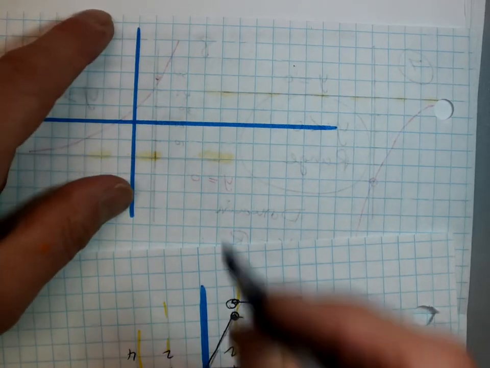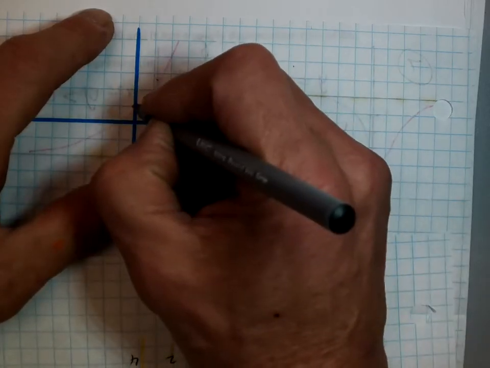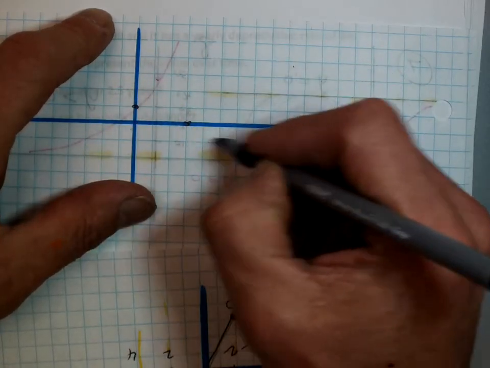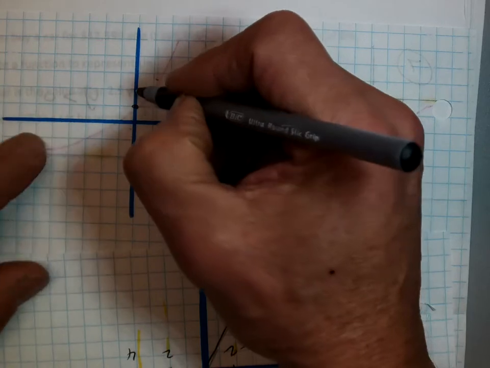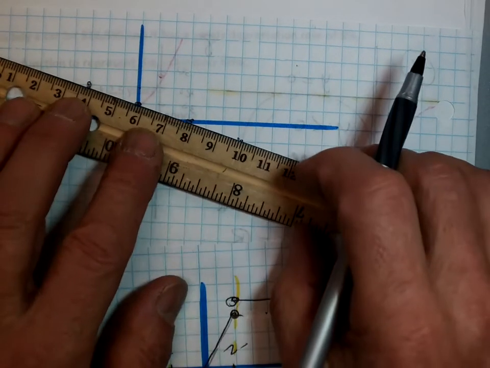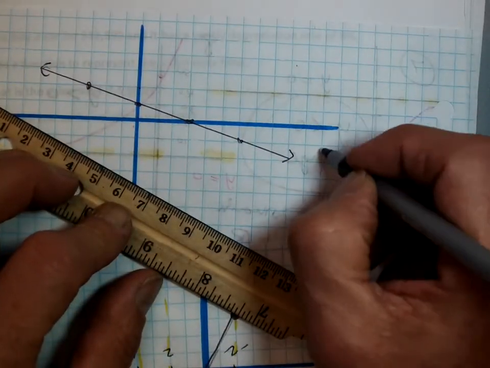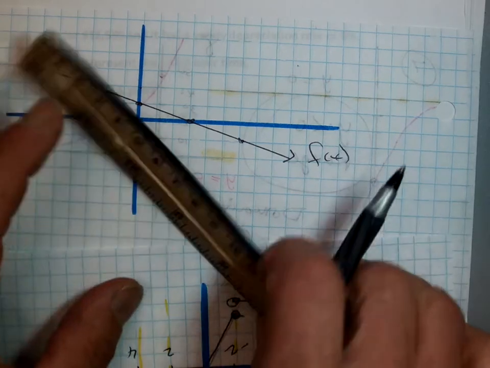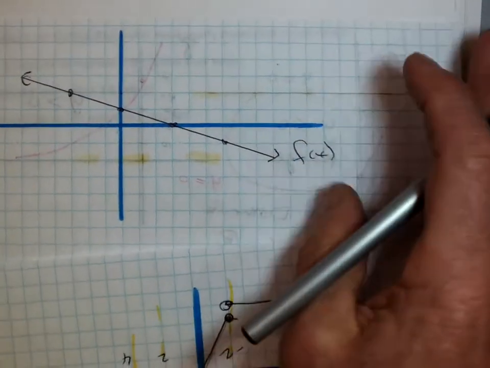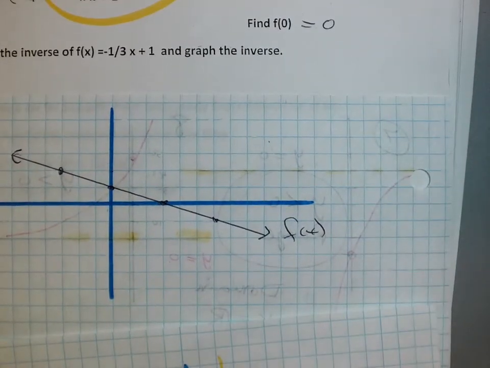Okay, so I'm going to start at positive 1. I'm going to go down 1 over 3, down 1 over 3. Here's my original function, right? That's f of x. Okay, how are we going to do the inverse? You flip all the numbers. Yeah, and I think it's easier just to flip these two points. Watch.